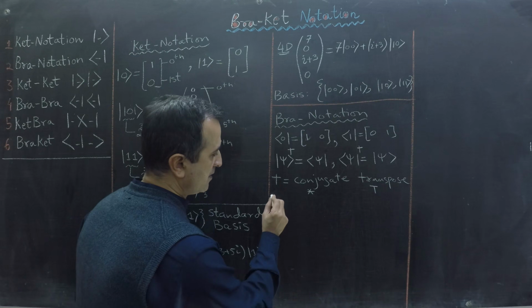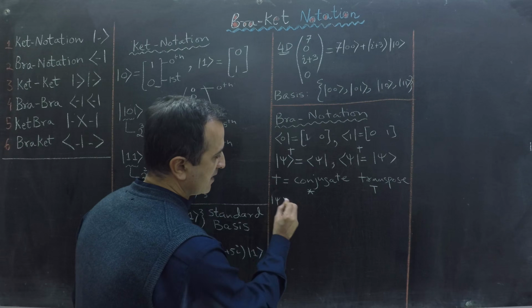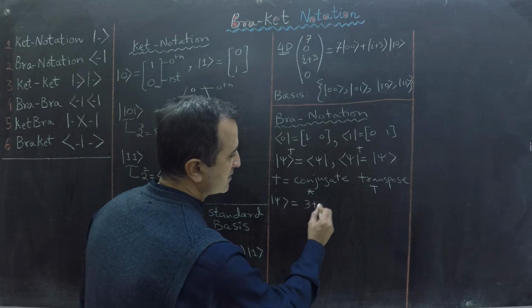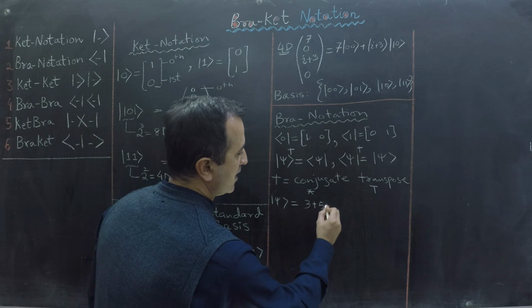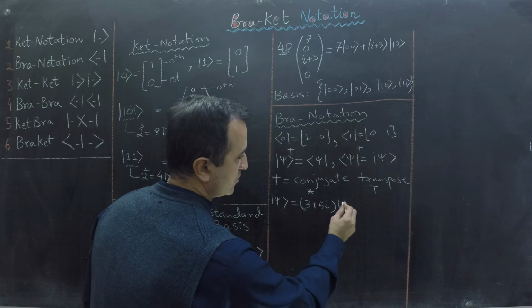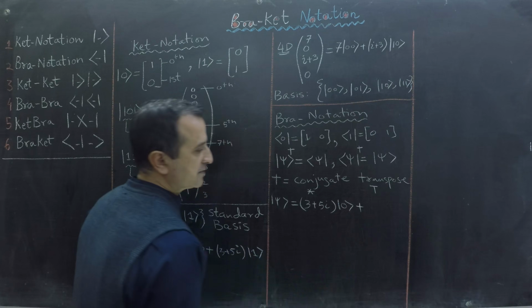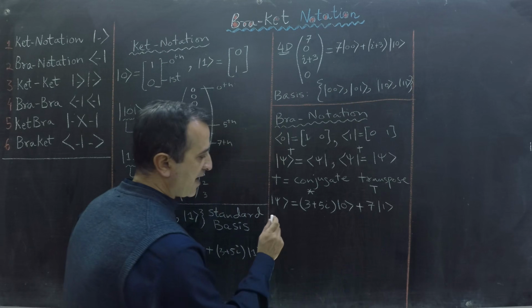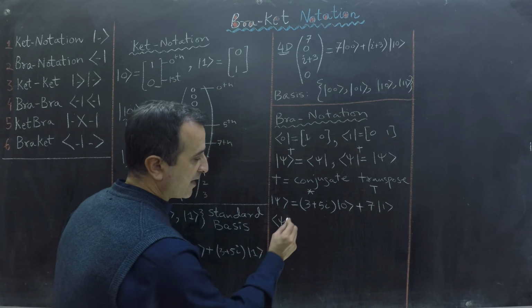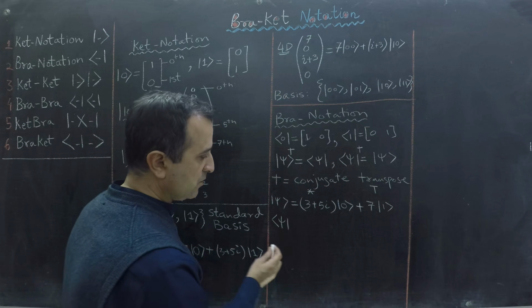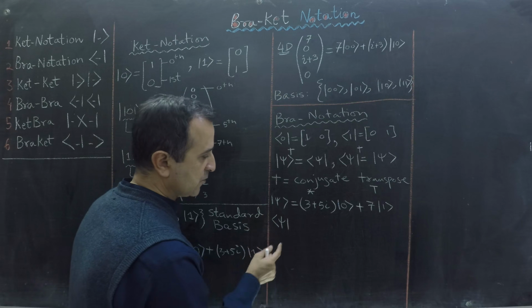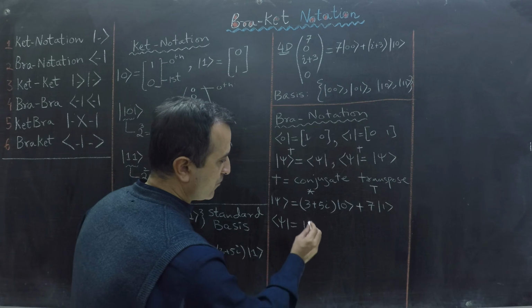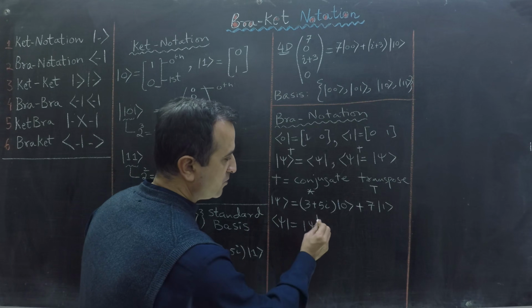In this example, my Ket psi is equal to 3 plus 5 iota times Ket 0 plus 7 Ket 1. And I have to find out what Bra psi is. I know that if I take the conjugate transpose of Ket psi, I will get Bra psi.